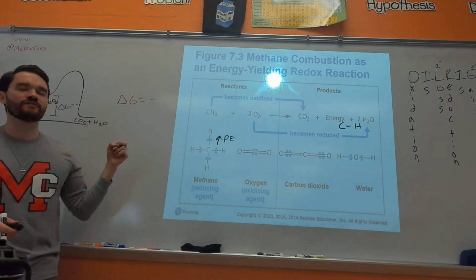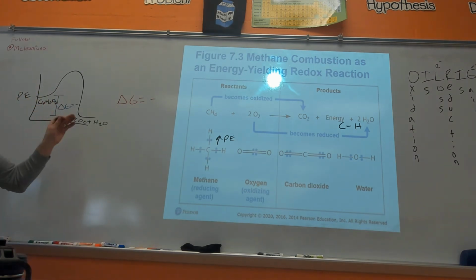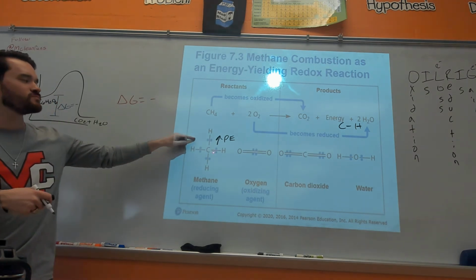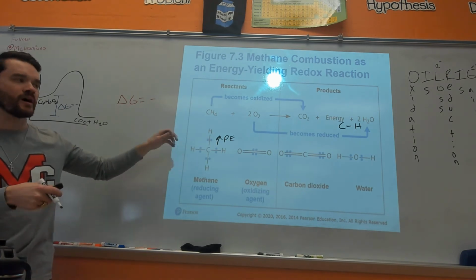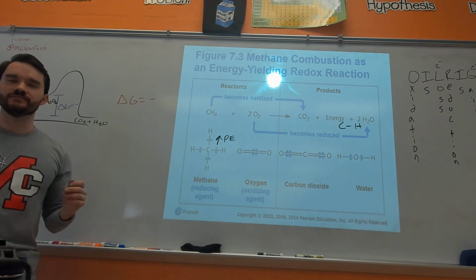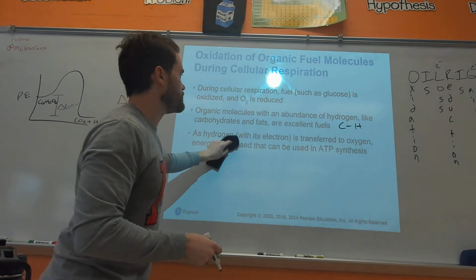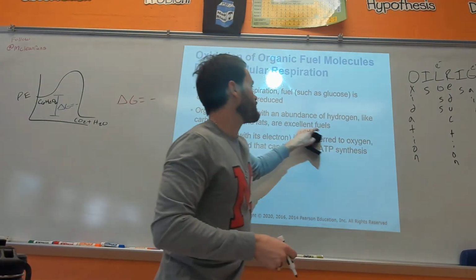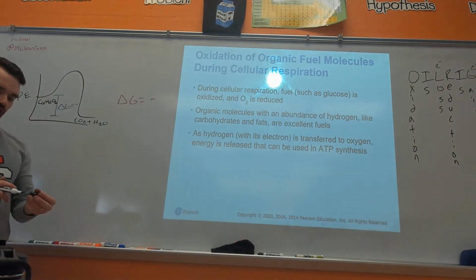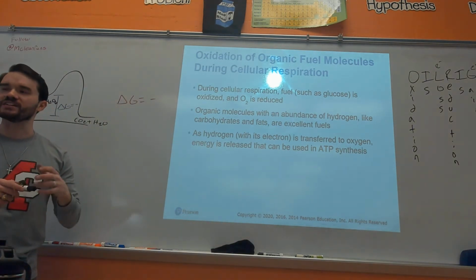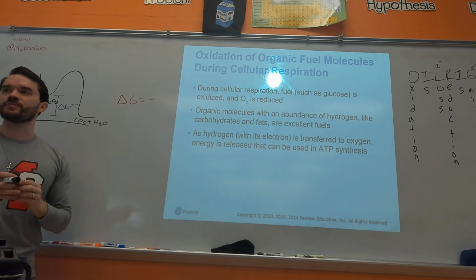Same story for your carbohydrates like glucose. There's more carbon to hydrogen bonds, so there's more non-polar bonds, being another way of saying it, that we could turn into polar bonds, thus releasing energy. And same for gasoline. Anything that's a carbon-based fuel that has all its carbon to hydrogen bonds, a lot of energy is released from those bonds.